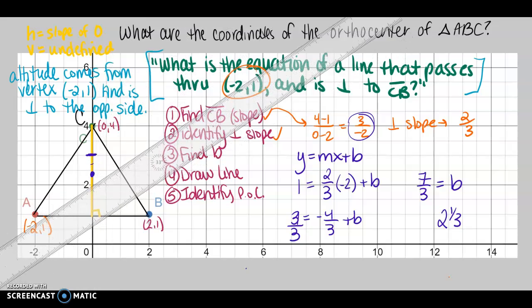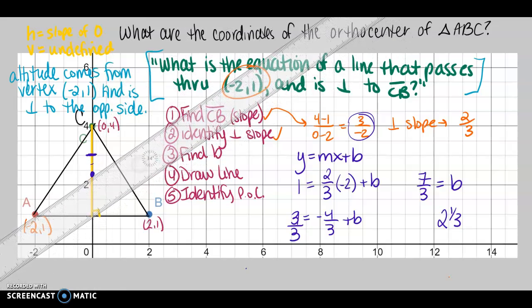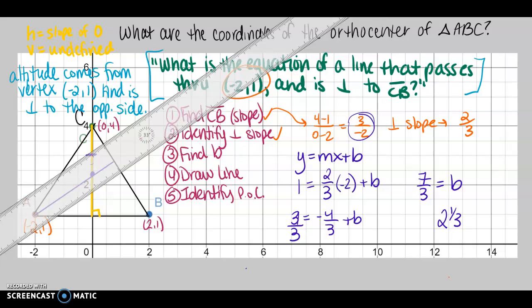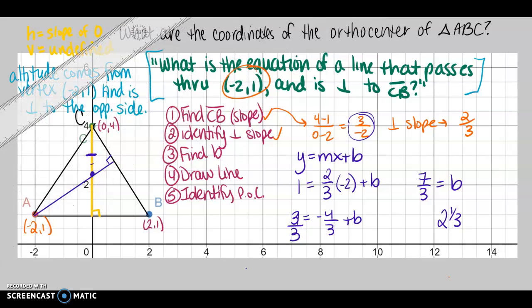Okay. So we have this situation now where we could say, I know this line is perpendicular to CB, and it goes through A, and it also goes through this point on the y-axis, which is the y-intercept, and that y-intercept is 7/3. So your final answer is the orthocenter is going to be at 0, 7/3, or you could say 0 and 2 1/3 if you want.